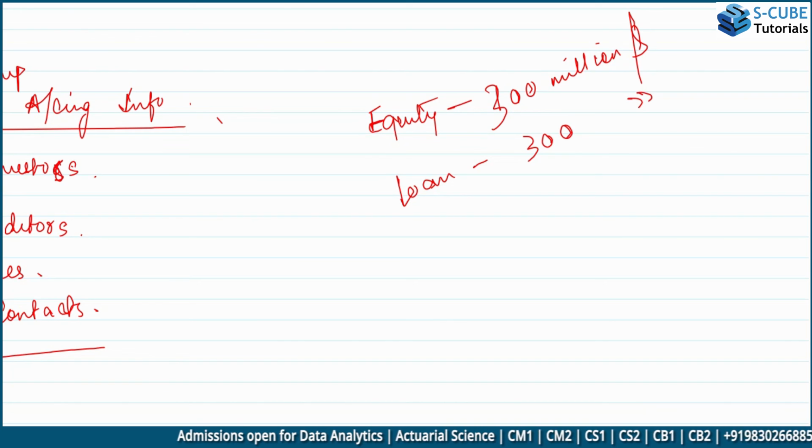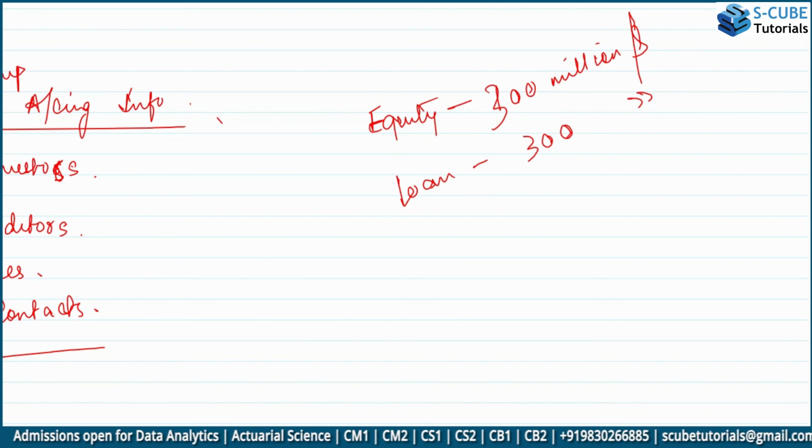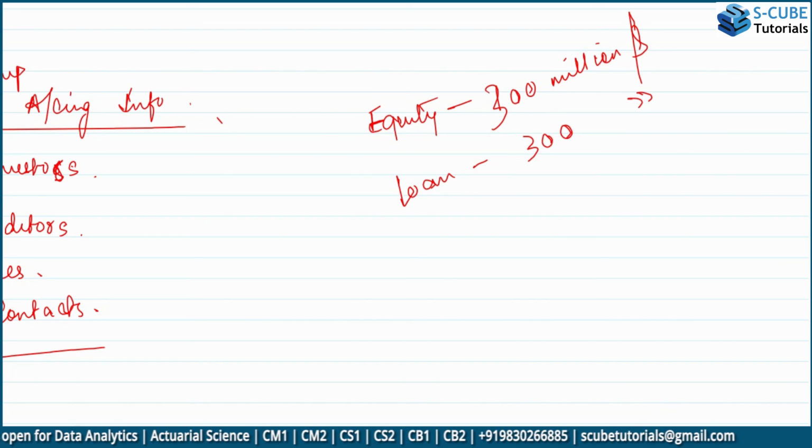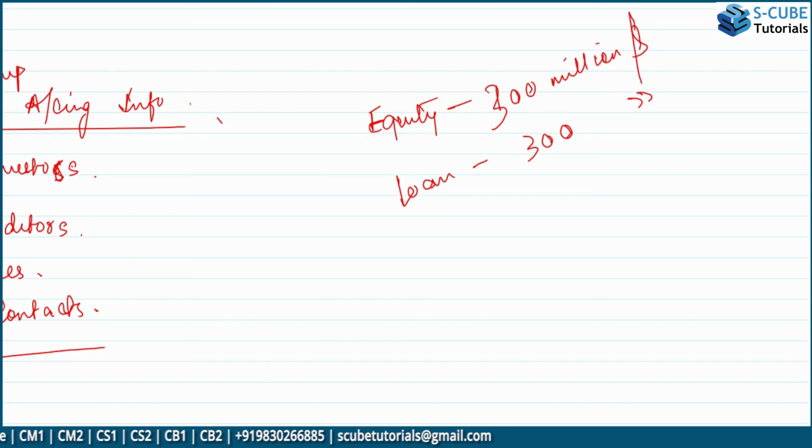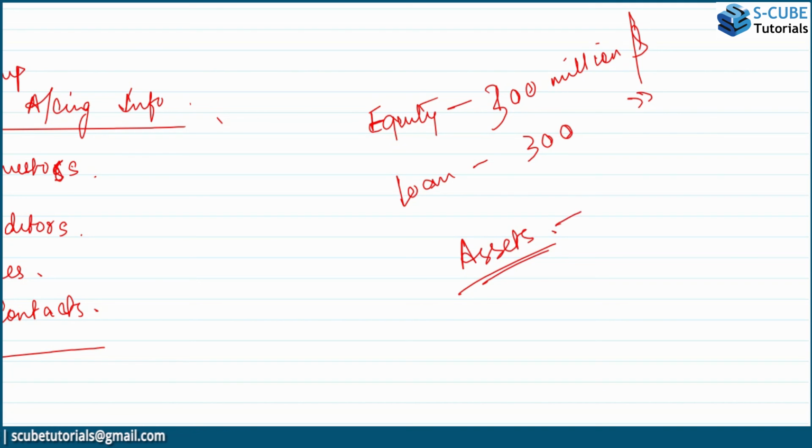Total funding is 600 million. Now this company, which has 600 million of capital, had assets of 600 million, but right now the values have gone down, it has suffered losses, and its assets are only worth 500 million.